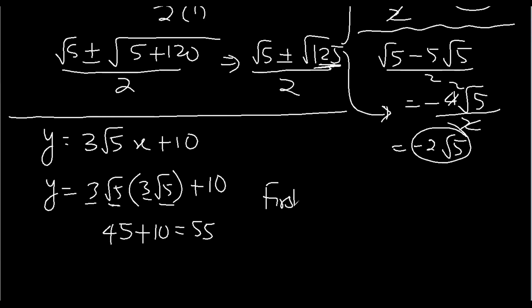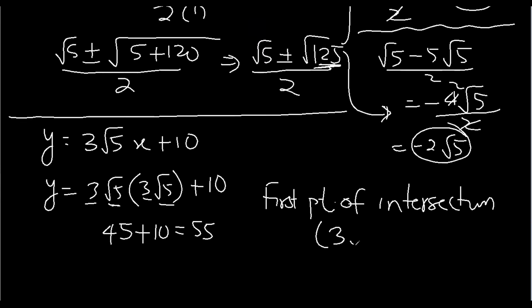First point of intersection comes out to be x coordinate 3 square root 5 and y coordinate 55.